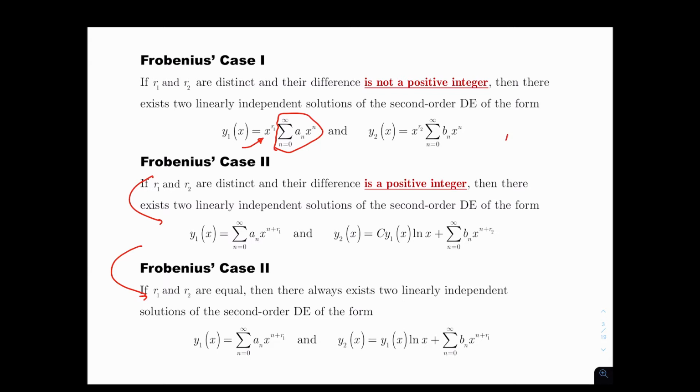So say r1 was, I don't know, 1/2. Then at the very end, people find the a_n, let's say n factorial over n plus 1 x to the n or something, and goes from 0 to infinity. And they think that's the solution, and they forget that the solution isn't just that. The solution is x to the power of 1/2 times that. So that's always forgotten in the Frobenius case.